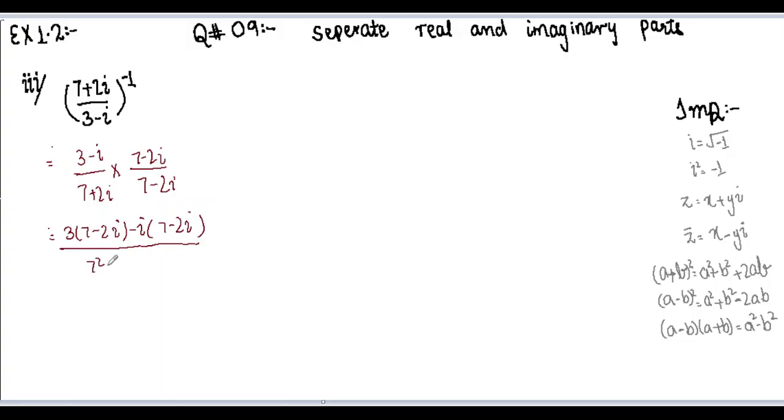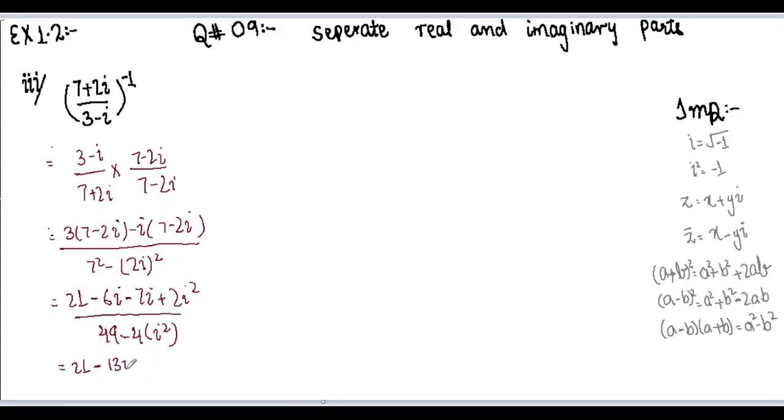So 7 square minus 2 iota whole square. 3 into 7 gives us 21, minus 3 into 2 gives us 6 iota as it is, minus 7 iota, minus into minus gives us plus, and 2 into iota gives us iota square, divided by 7 square gives us 49 minus 2 square gives us 4 into iota square as it is.